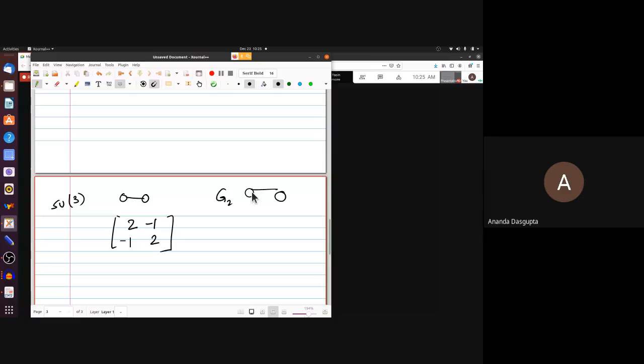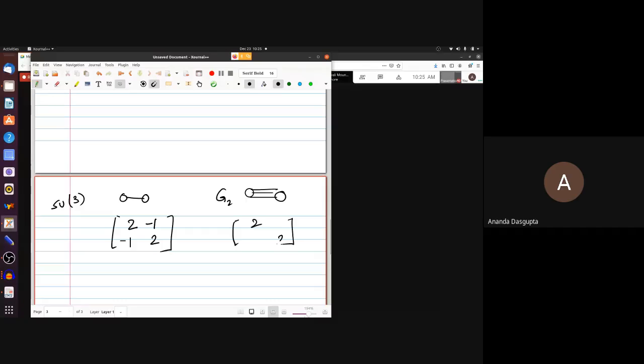G2, our other example that we talked about, that's again 2 by 2, but that takes a bit more thought because the angle is 150 degrees now. And the two simple roots are not equal in length, so the off-diagonal elements are not going to be equal. So just work this out. It's pretty straightforward.